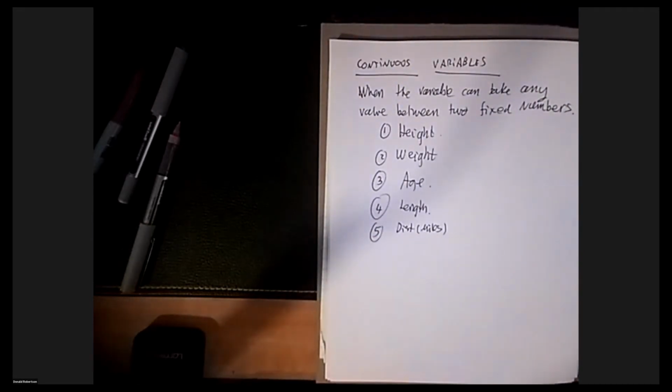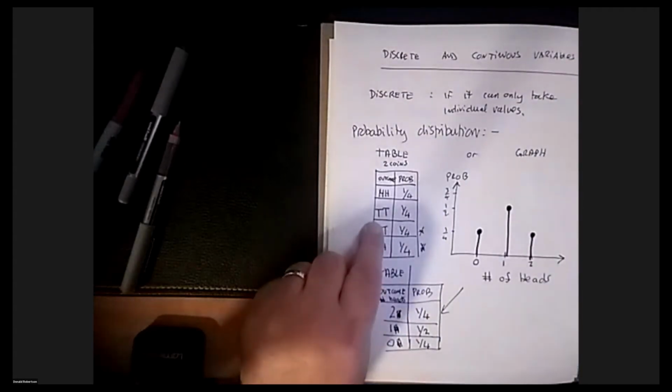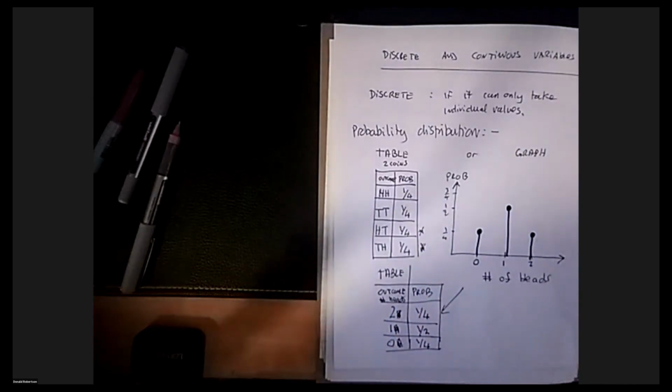You can't really, and you never will, do a table like this, right? You can't say the probability that the bag of potatoes weighs 5 pounds is a tenth, and then 6 pounds it's a tenth, because what about the 5.1 pounds and the 5.2 pounds? It doesn't really make sense to do that.